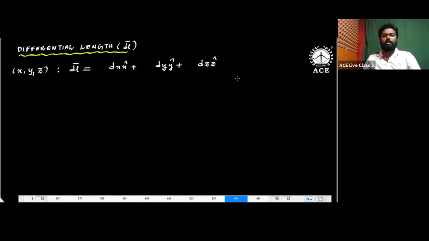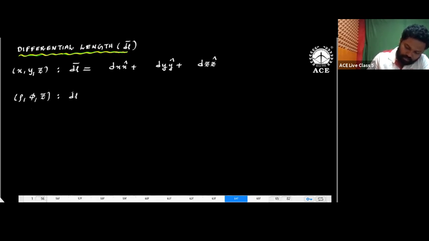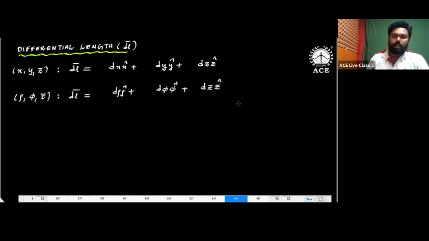This we already know. Can we apply the same logic for the cylindrical beta? For the cylindrical, it is rho, phi, z. So dl is equal to d rho rho cap plus d phi phi cap plus dz z cap. Can we follow this one?